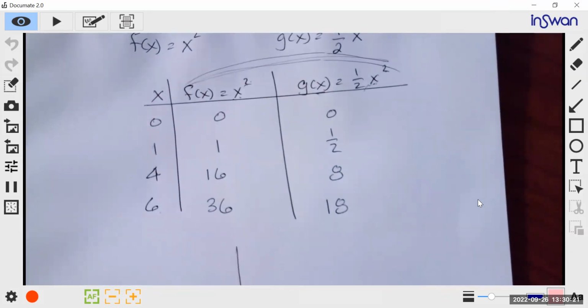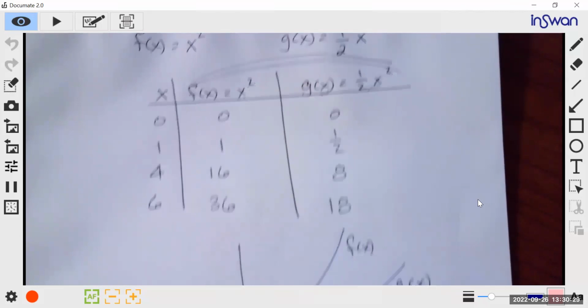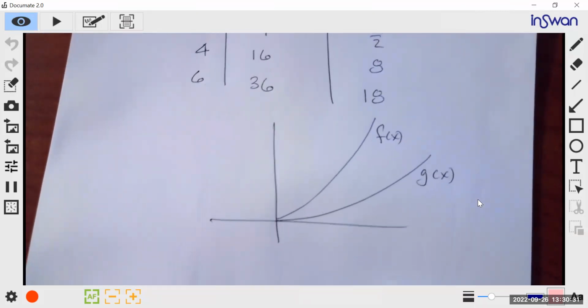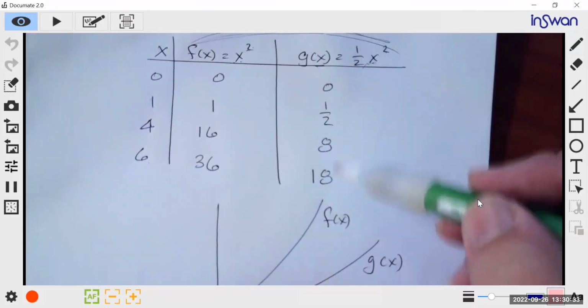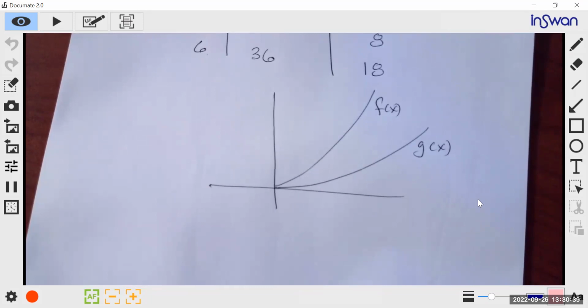So what's happening here is the regular function is f of x, and this is g of x. g of x is growing half as fast, because the coefficient's between 0 and 1. But if the coefficient is bigger than 1, then it grows a lot faster. So that's the vertical compression and stretch.